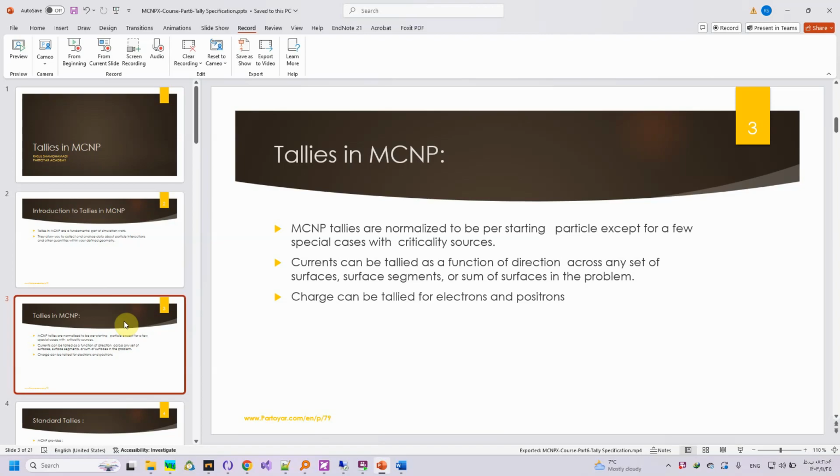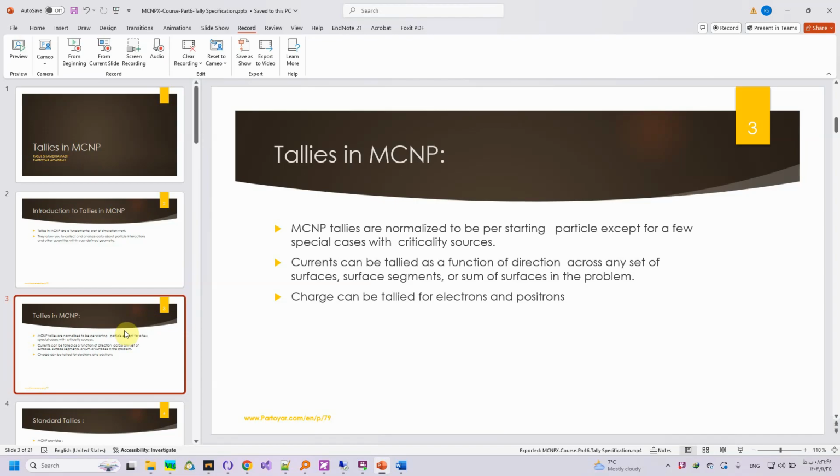Also, besides tallies, we have different cards, like the energy card, the time card, and other cards, that help us to earn more detailed information about tallies. As an example, consider that we want to compute the dose in a specific area.